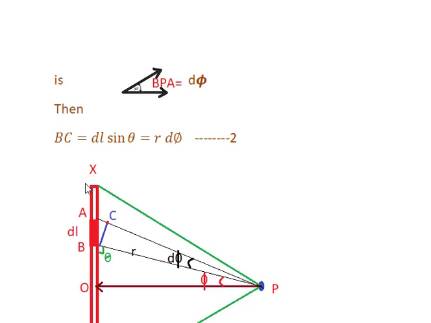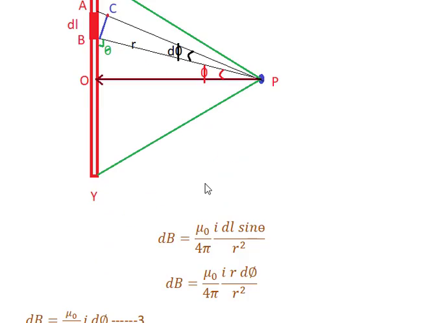Then BC is equal to dl sin theta. These angles are both taken as theta. So dl sin theta is nothing but r into d phi. So dl sin theta is equal to r d phi.